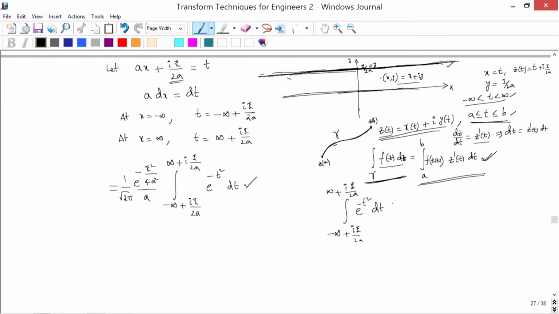Now t belongs to this line in the complex plane, so this is e power minus z square, where z is this.